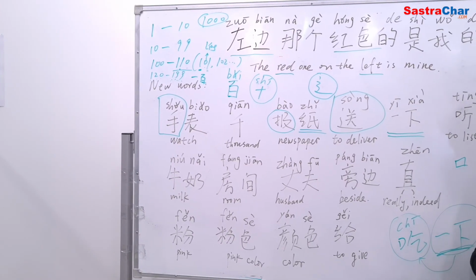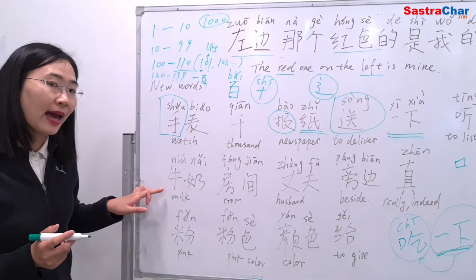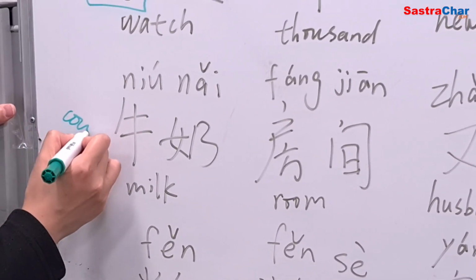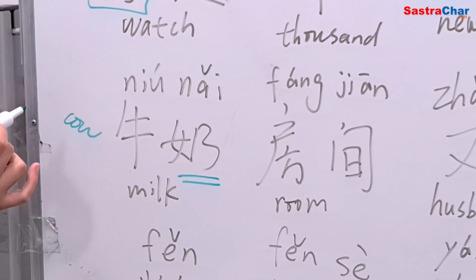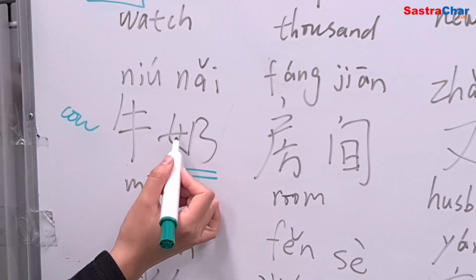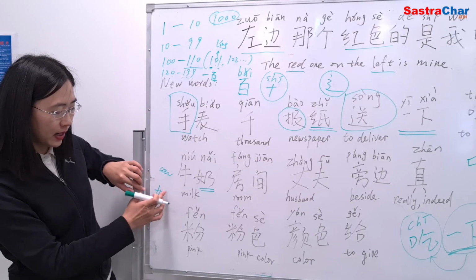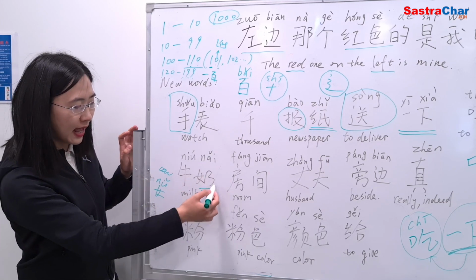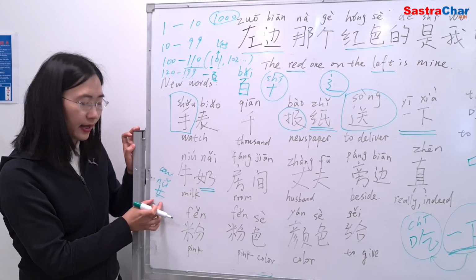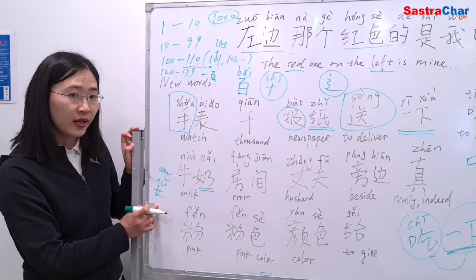So here, 牛 is the animal cow, and 奶 means milk. You can see the left part of 奶 is actually 女. 女 means female.